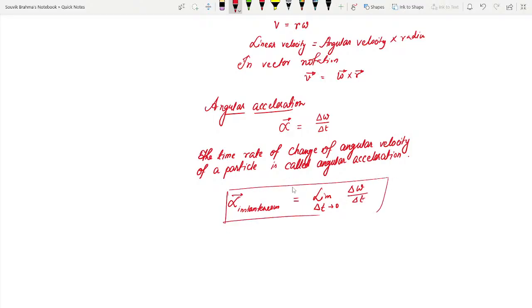This is the instantaneous angular acceleration.